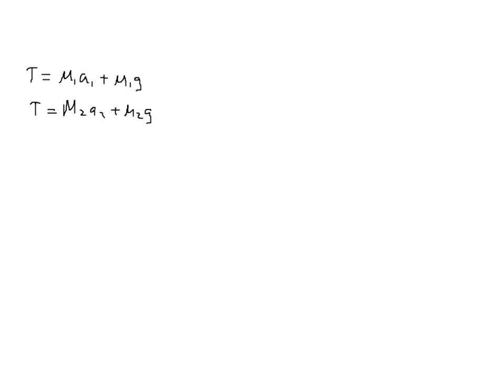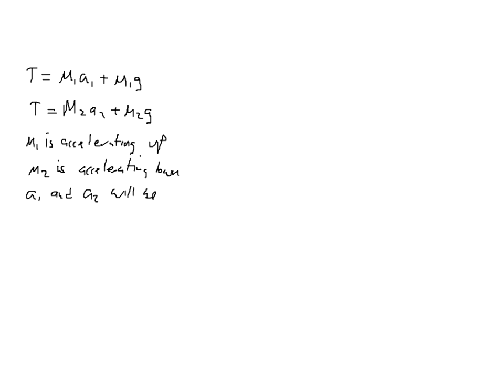But now we need to look at the equations. So object one is accelerating up, M2 is accelerating down. So those two accelerations are going to be opposite signs.